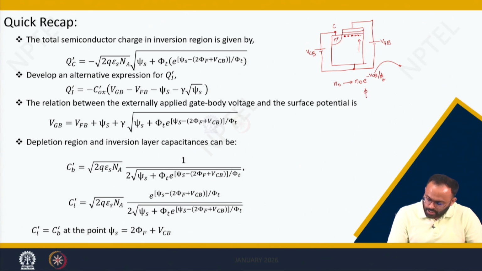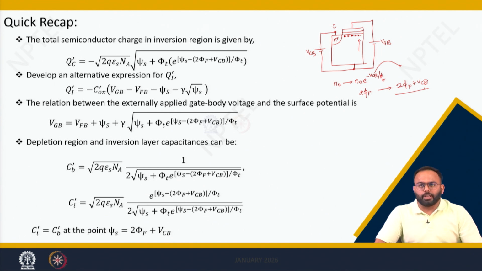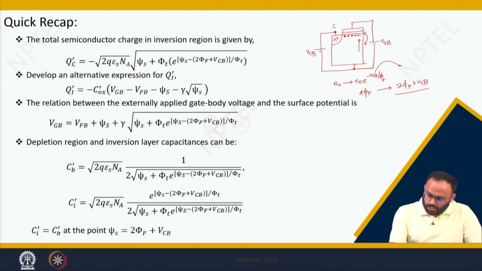For the surface potential, instead of 2 phi f, we write 2 phi f plus VCB, meaning the increase in psi s, the surface potential, must fight against 2 phi f plus VCB to get the same amount of inversion under the influence of VCB.